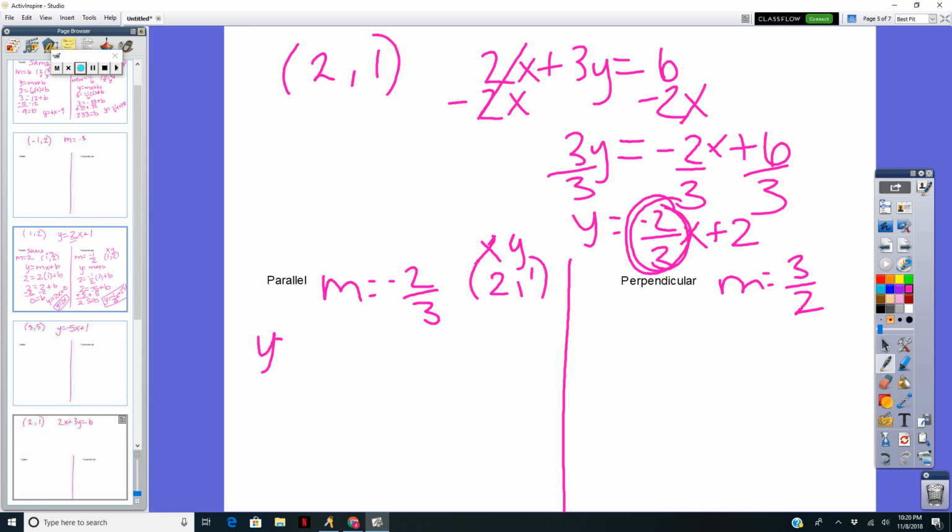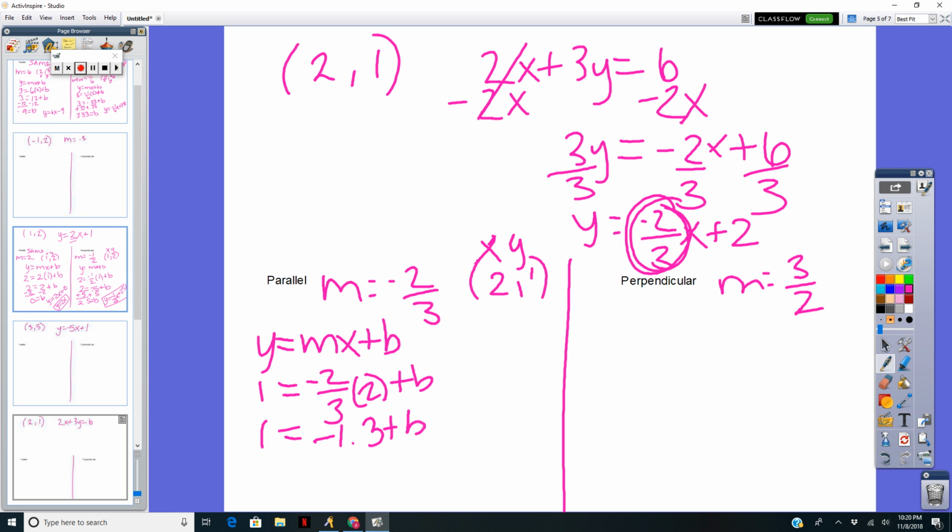So y equals mx plus b. The y is a 1, the m is a negative 2 over 3, and the x is a 2. I believe if you multiply this out, you get negative 4 over 3, which is negative 1.33.